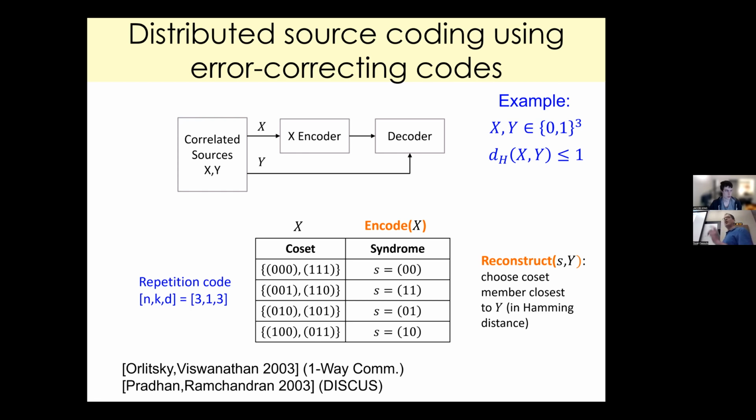And then decoding, which we call in this talk reconstruction, because decoding here has many tasks to do.